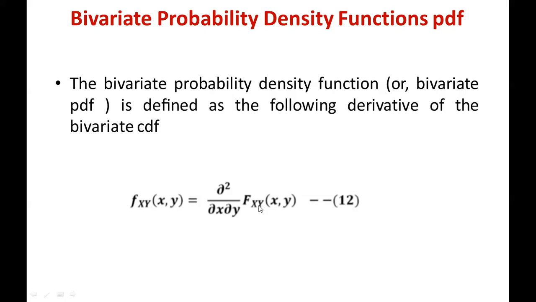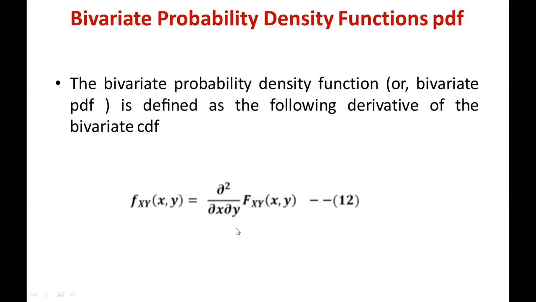Now we differentiate the CDF with respect to x and with respect to y. That is, we differentiate the CDF first with respect to y and then with respect to x. That is the partial differentiation method. We get the PDF.